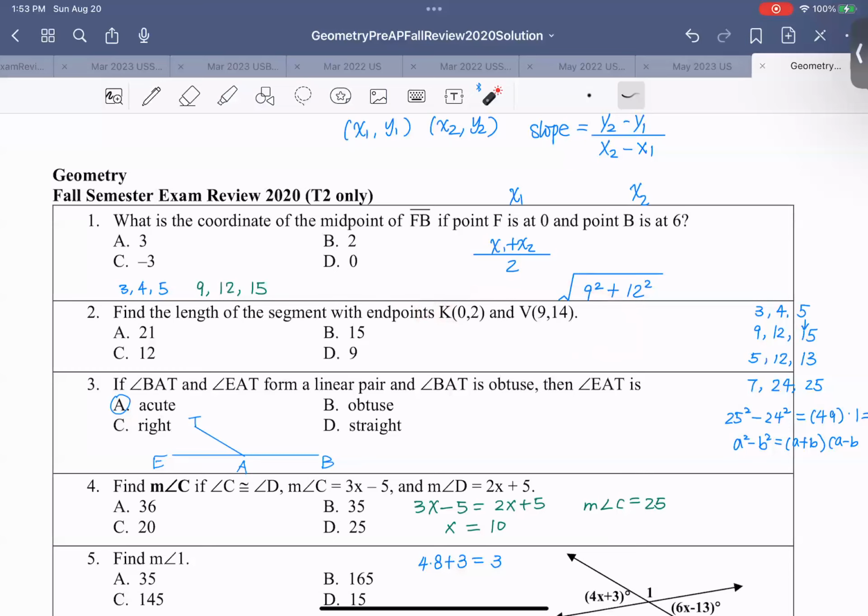Number 2. Yes. Let's do number 2, please. Good job, Stephen. Oh, that's pretty good. Who else? Very good. We have Annie, Stephen, Jeffrey.